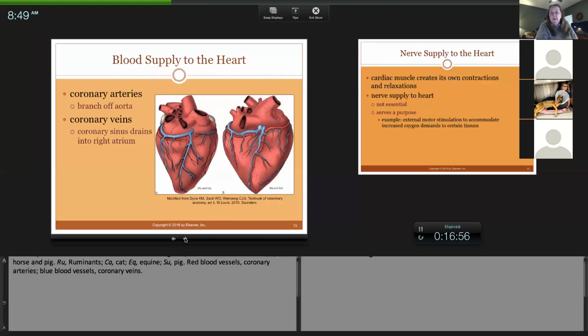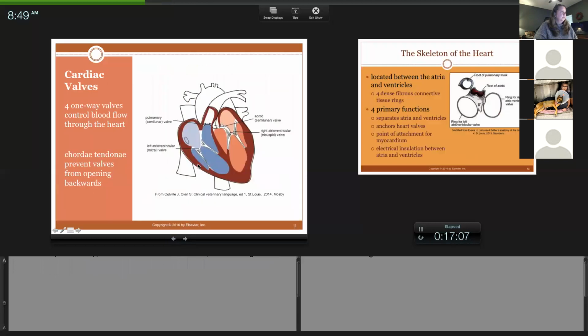The pulmonic valve and aortic valve. So for 18, where is the pulmonic valve located? The pulmonic valve, let me go back, is going to be right here. Pulmonary valve sometimes goes by the pulmonic valve, same thing. It is located at the level of the right ventricle as it exits to the pulmonary artery.